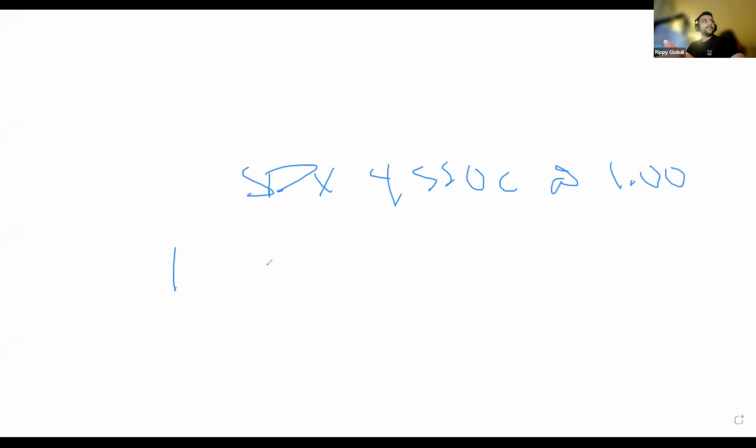Let's say you buy 10 contracts, so you spent $1,000. Let's say you put a stop loss immediately at 90 cents. So at 90 cents, you put a stop loss. So the max loss you're going to take is 10%.